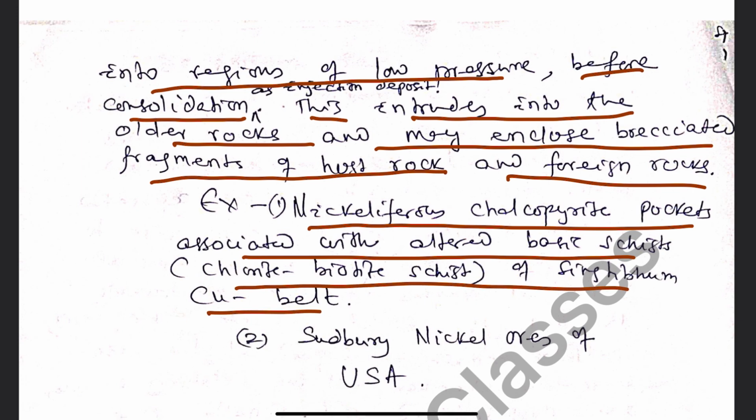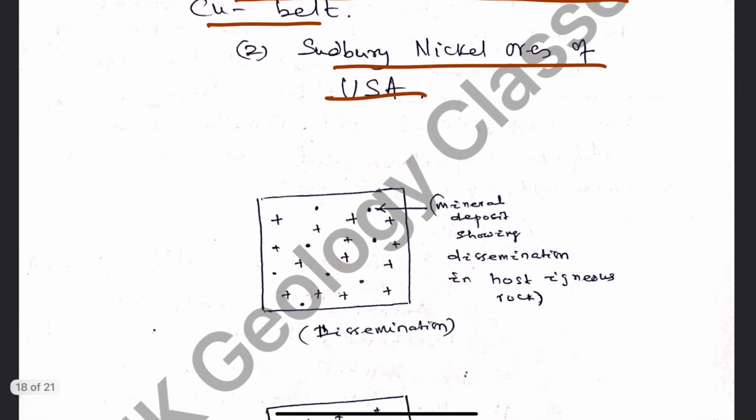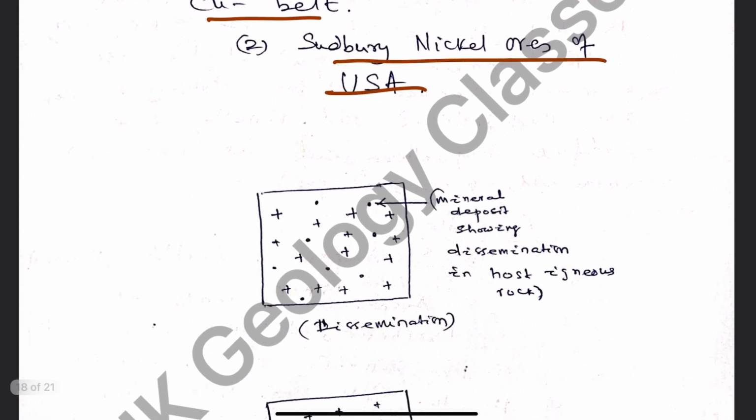So, these are the different processes by which the magmatic minerals are concentrated either in early stage or in late stage through segregation, dissemination and injection methods of magmatic process. So this is the disseminated deposit, where sporadic occurrence of ore deposits is there, including dissemination.